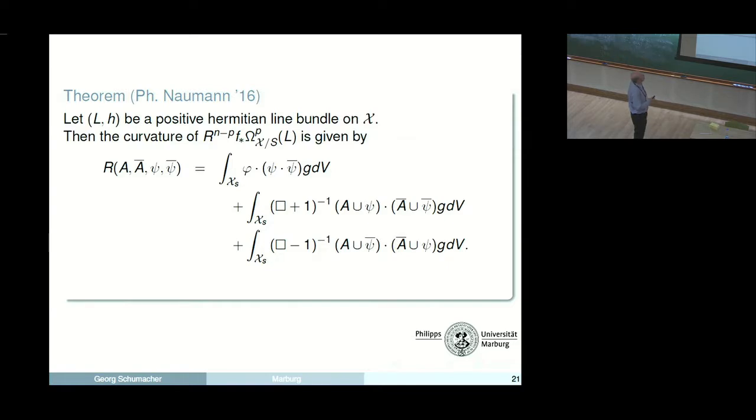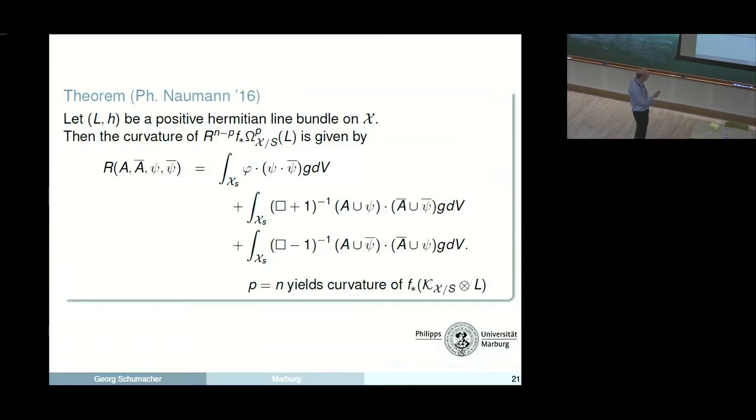And what we see here is the geodesic curvature, and the rest looks similar. Once again, p equal to n yields the curvature of the direct image. The third term is not present. And then, what else can I say?